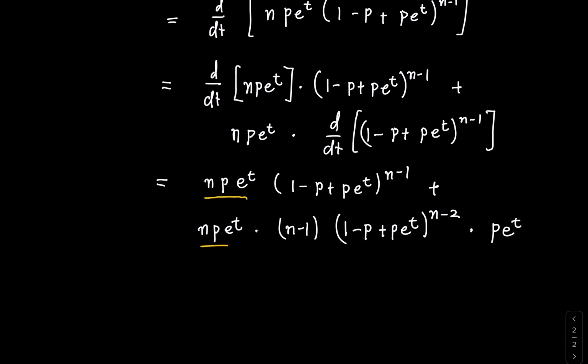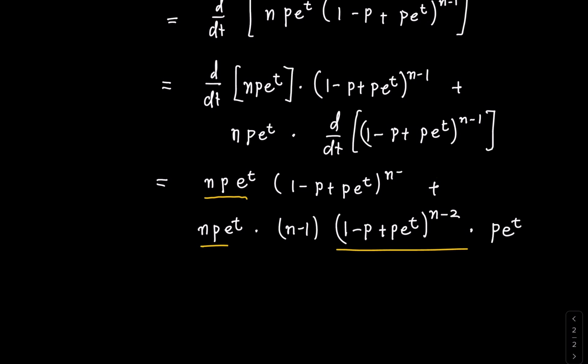They also have a common factor of 1 minus p plus p e to the t, to the n minus 2. Here it's implicitly also here, because you could rewrite this as minus 2 plus 1, and then this plus 1 would come outside the brackets, or you could expand that a little bit.